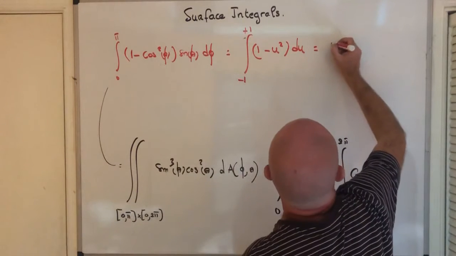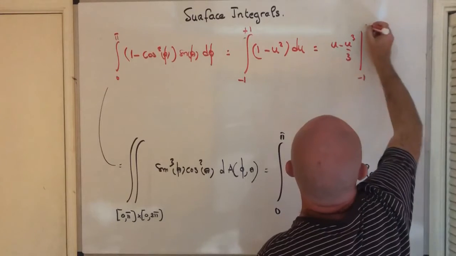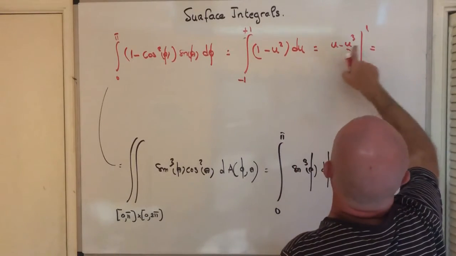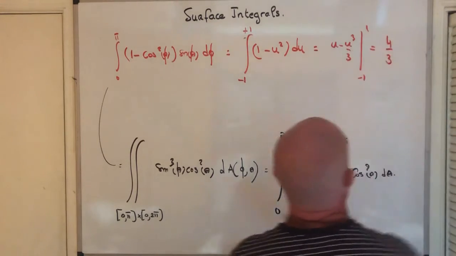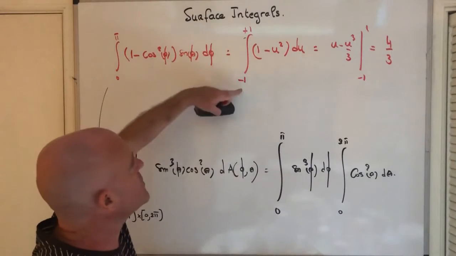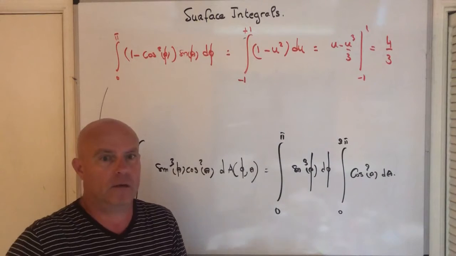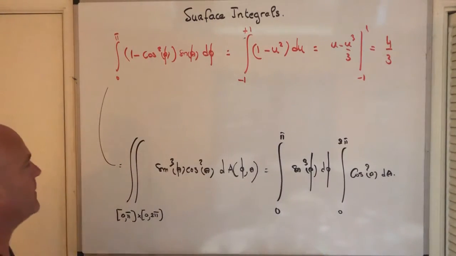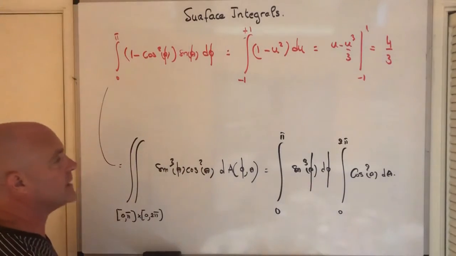This is u minus u cubed divided by 3 taken between minus 1 and 1. So this is 1 minus 1 third twice. That makes 4 thirds, if I'm correct. 1 minus 1 third, yes, that's it. You could always say that this is twice the integral from 0 to 1 of 1 minus u squared, because 1 minus u squared is an even function. So that's right. And then we need to compute the integral from 0 to pi of cosine squared d theta.